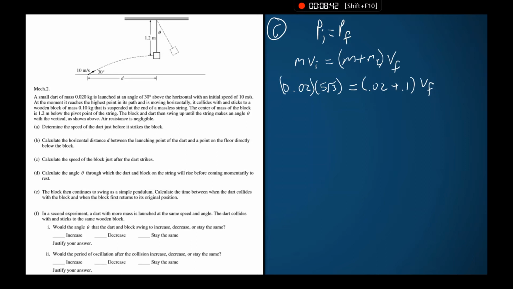VF, okay. So this is 2 over 100, so I've got 2 over 100 by 5 root 3 is equal to 0.12 VF.